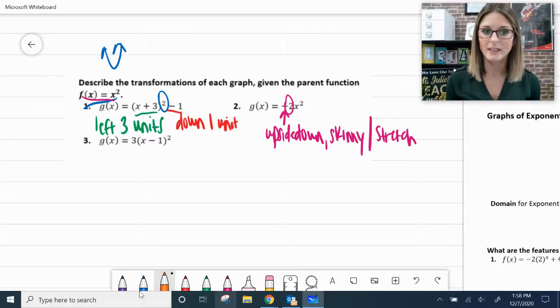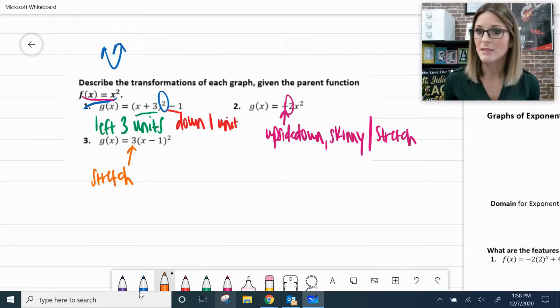And number 3, doing the same thing, comparing it to the original parent function of just a plain old parabola, x squared. How is g of x equals 3 times the quantity of x minus 1 squared different? Well, again, you've got that 3 in front. That whole number in front is going to stretch it or make it skinny.